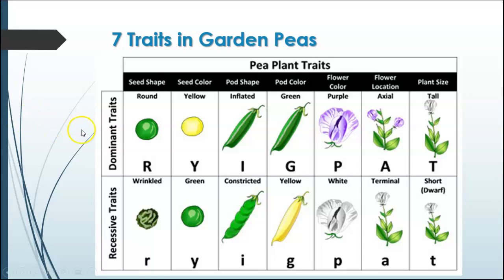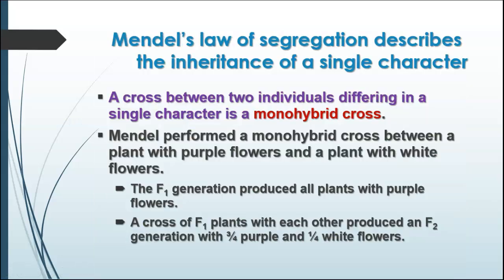Those are the ones that are going to be hidden if there is a dominant trait, a dominant allele, present. First of all, he did a monohybrid cross. We're looking at two individuals that differ in a single characteristic. The first one that we know about was crossing a plant with purple flowers with a plant with white flowers.